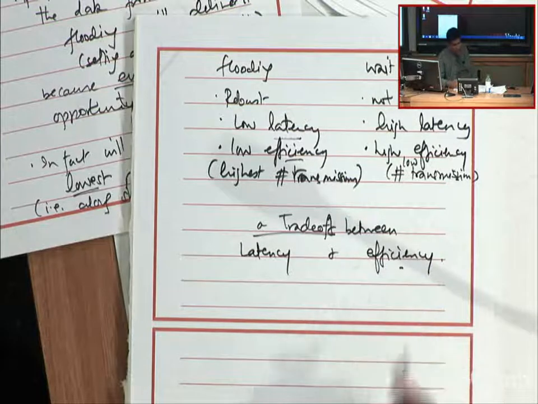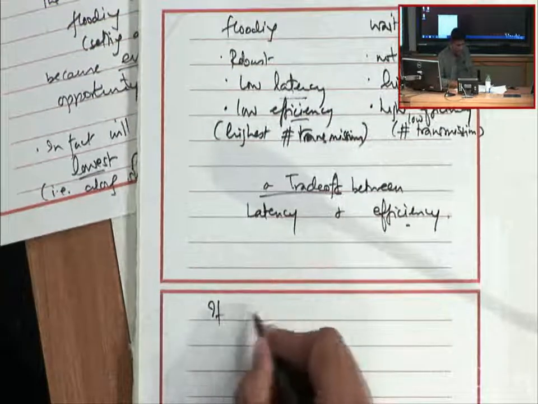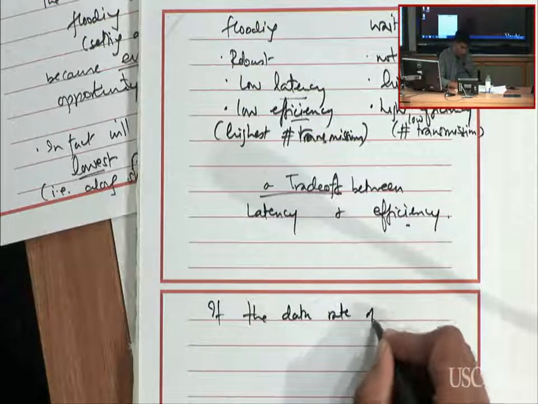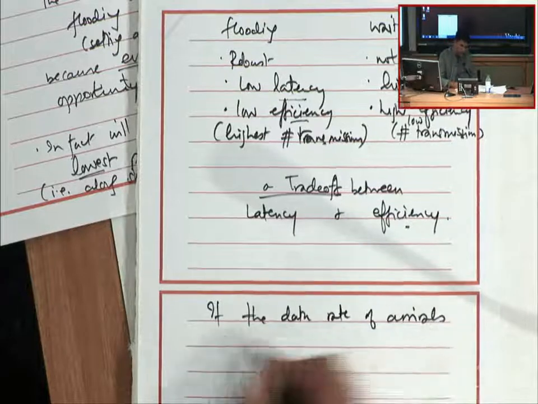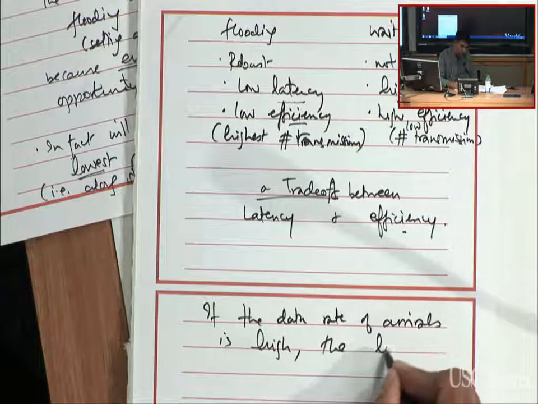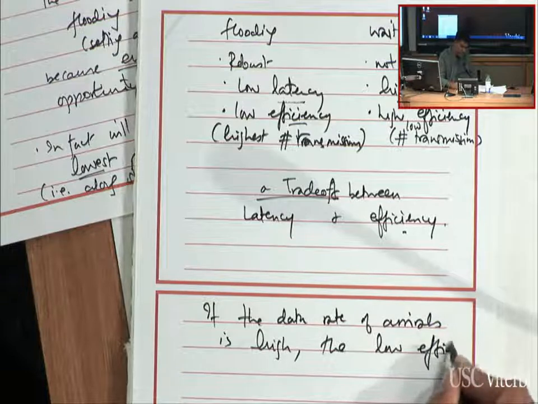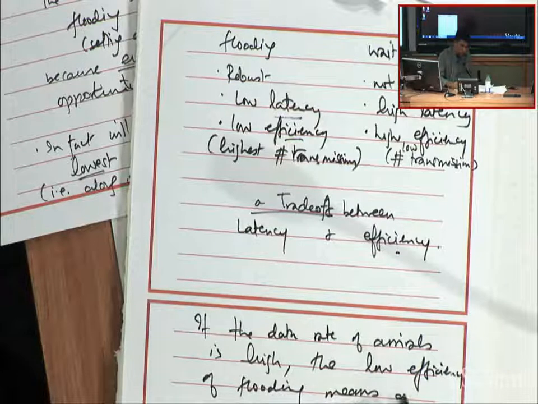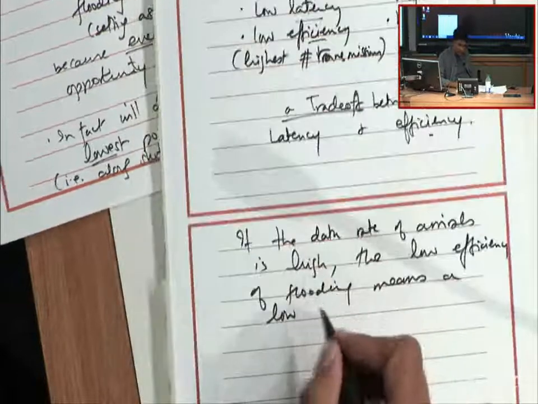And in fact, if the data rate of arrivals is high, the low efficiency of flooding means a lower throughput.